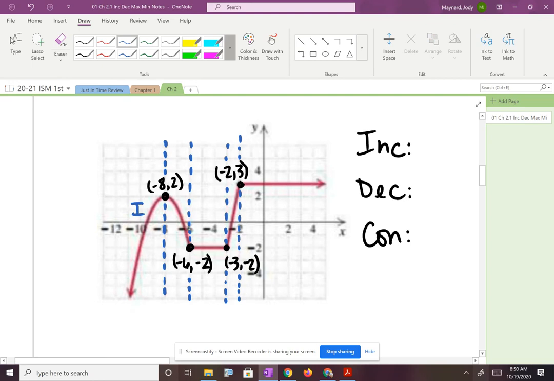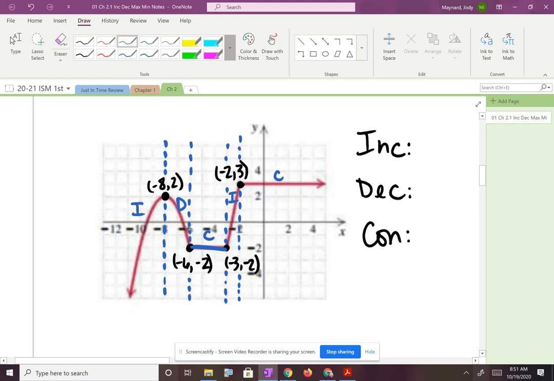What about from -8 to -6? What am I doing? Decreasing, good. And then from -6 to -3, constant. From -3 to -2, increasing, and then from -2 to infinity, this is constant. All right.